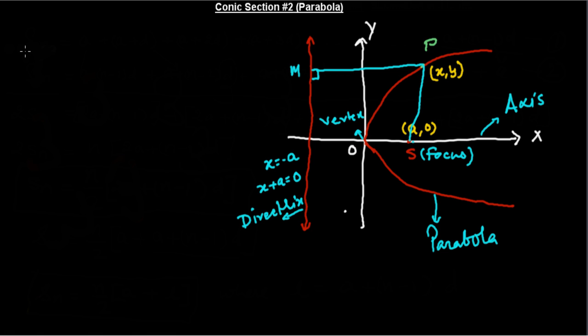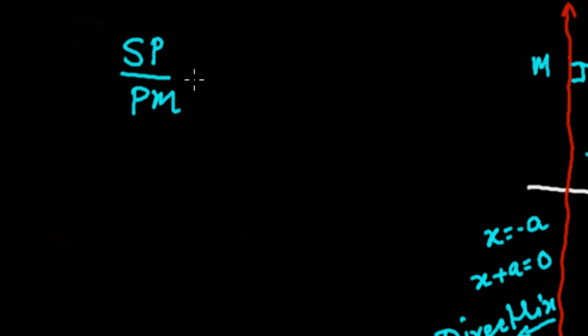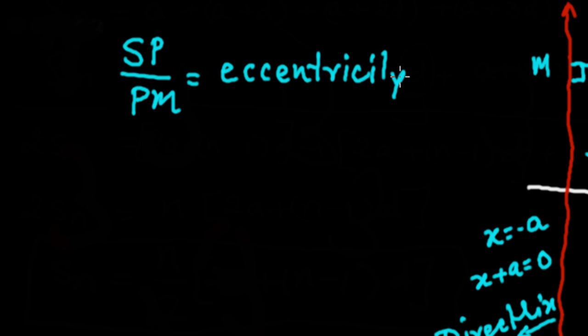So here the ratio of SP upon PM is called eccentricity. In parabola, the eccentricity is equal to 1.